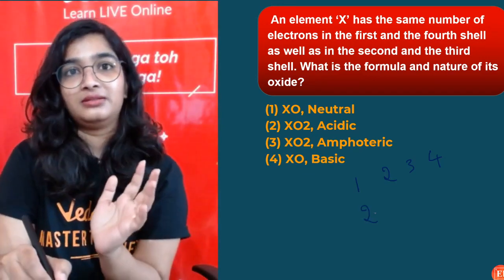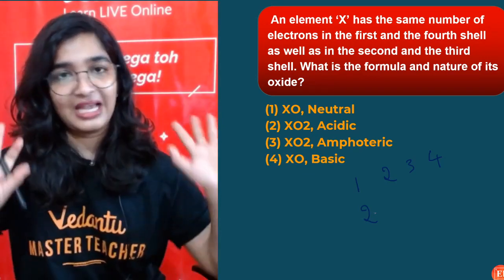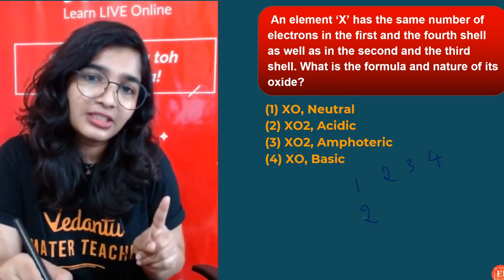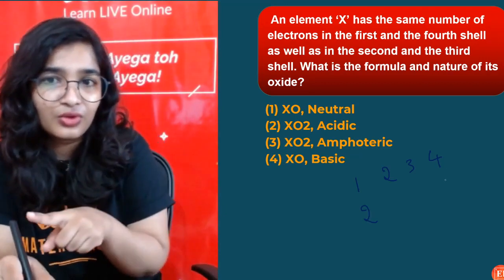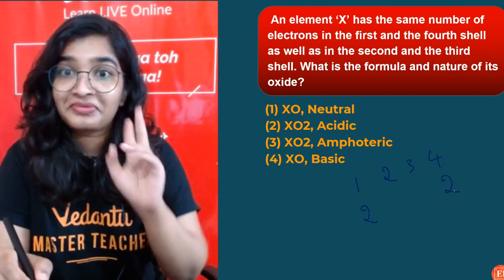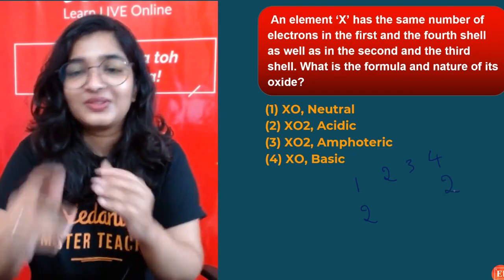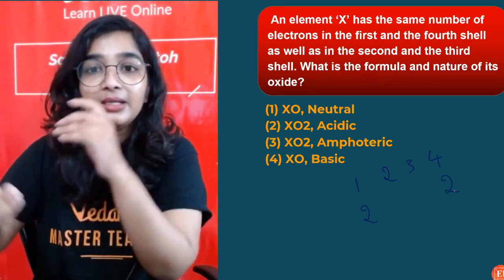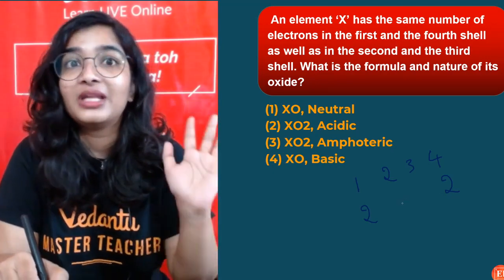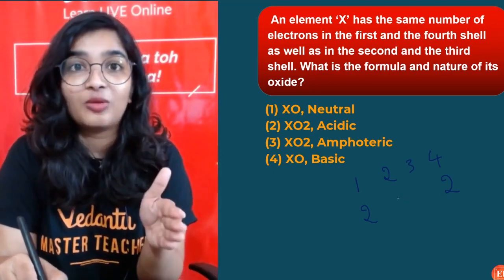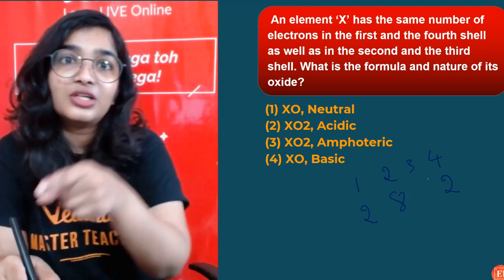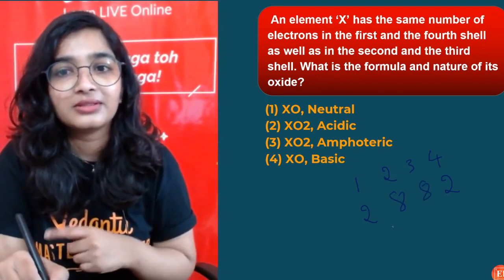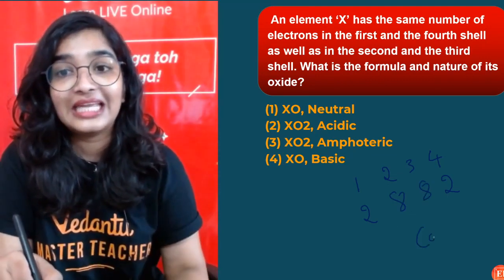So obviously first has 2 electrons, so fourth should be 2. And we know the electrons are always filled from the innermost orbits, right? In the second orbit, the maximum number of electrons that can be accommodated is 8. So the third shell should also have 8 electrons. 2, 8, 8, 2. This is basically calcium.